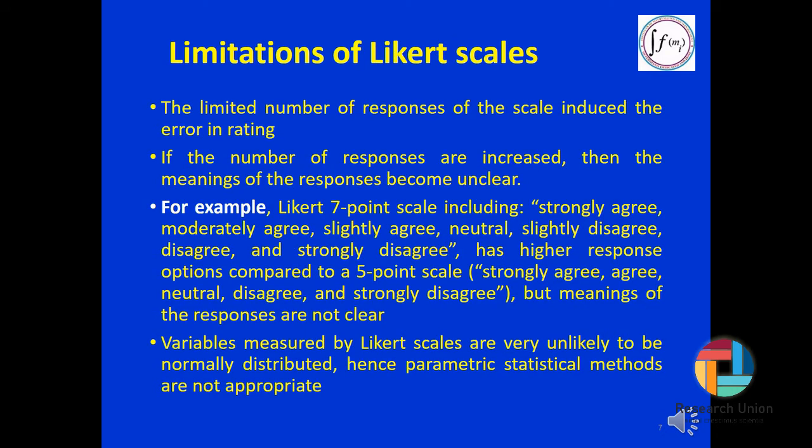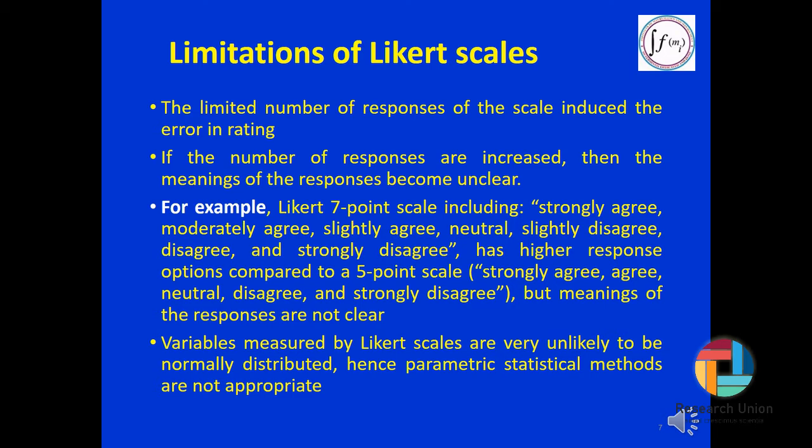Likert scales have several limitations or weaknesses. It has a limited number of response options. A good measurement scale should have a higher number of response options, but if you consider the Likert 5-point scale, it has only 5 options: strongly disagree, disagree, neutral, agree, and strongly agree.